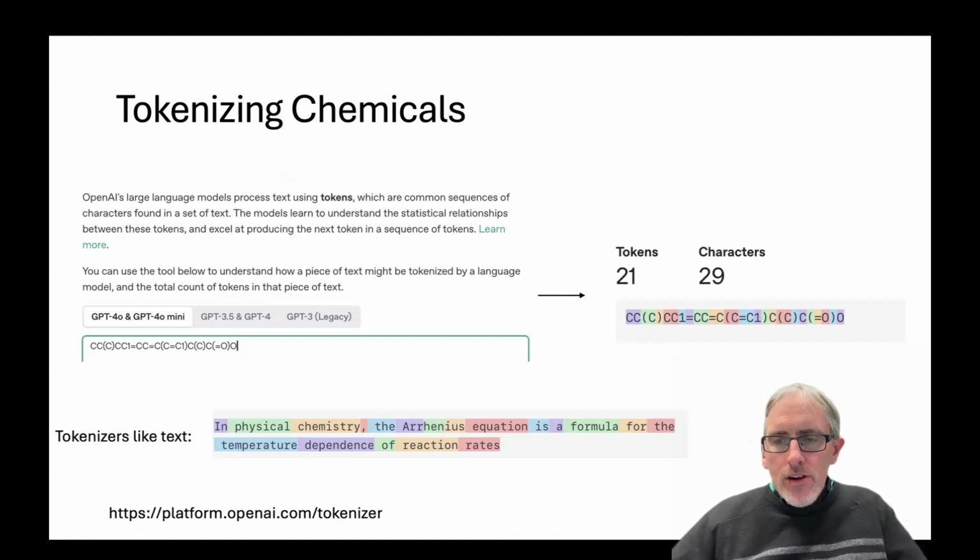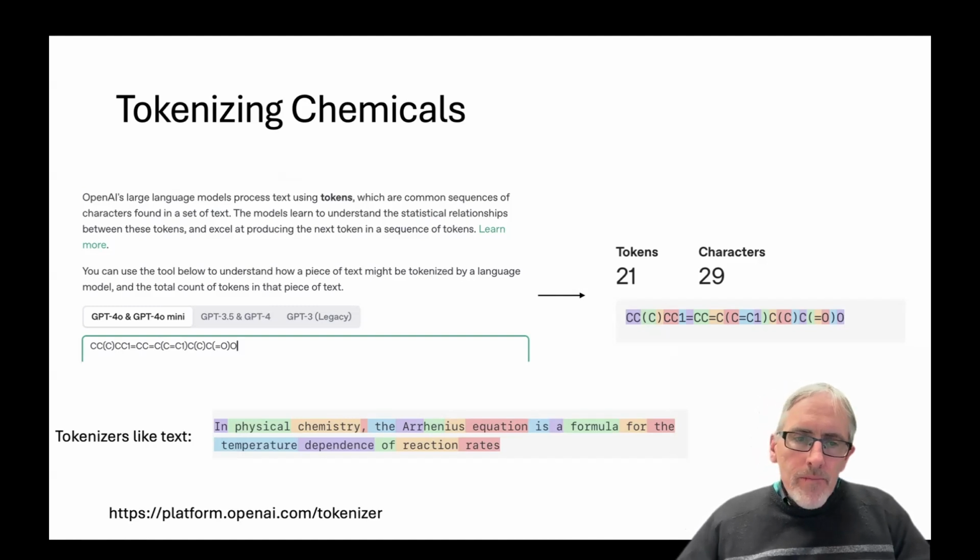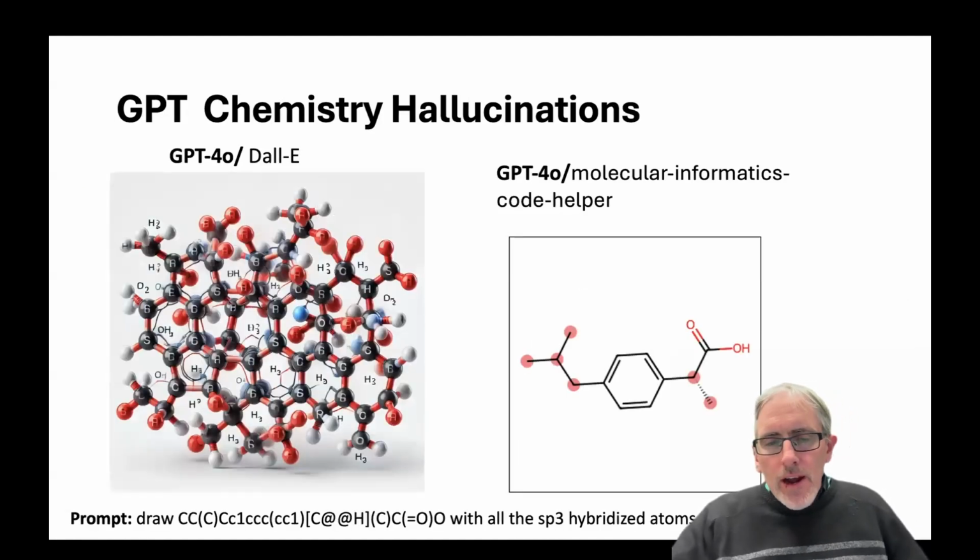But a chemical structure in the form of a SMILES code isn't handled as well and is chopped up into very small units, which aren't going to accurately keep and convey information about that structure. Things like rings are separated by many tokens within there. So it's not a surprise then that GPTs hallucinate when asked questions about chemical structures.